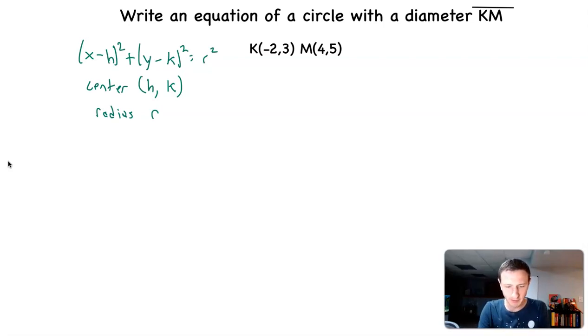And we want to write an equation of a circle with this diameter. So what do we have? We have a circle, and the diameter is KM. Let's call K (-2, 3) right here, and M is (4, 5), somewhere over here.